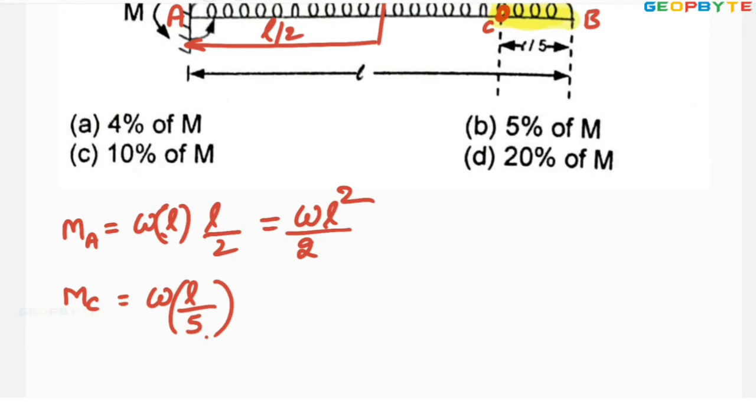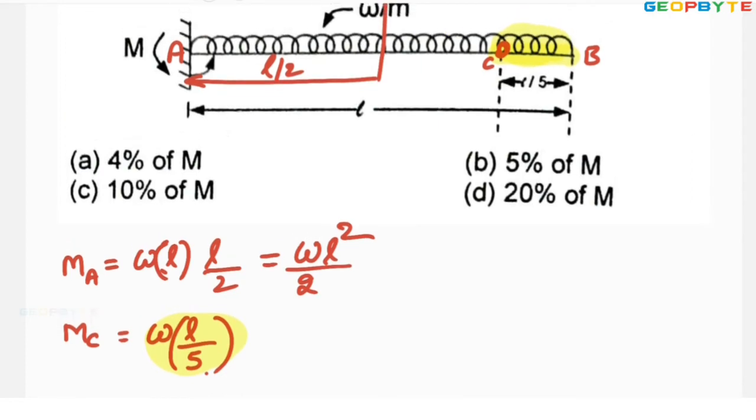Once you get the point load from the UDL, the resultant point load is obtained by multiplying UDL with UDL distance. Assume that the resultant point load is acting at the middle of the BC. From that middle point to C is L by 10. Half of that, L by 5. You simplify this value for getting WL square by 50.